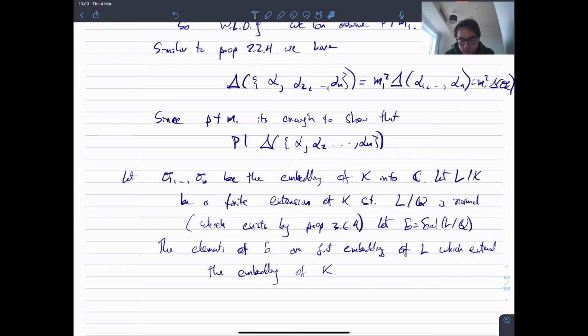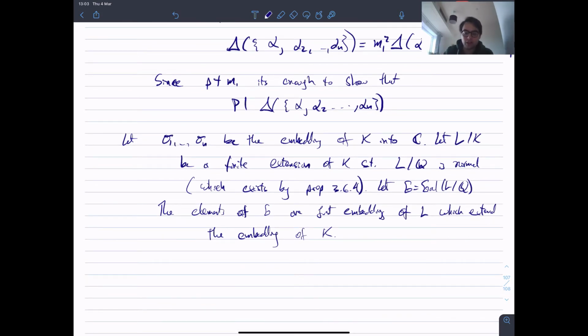They don't fix K, because this is the Galois group of L over Q. So these are just embeddings, but because L lies over K, these are going to be extended. We saw how embeddings can go to an intermediate field, and how many ways there are to extend an embedding from an intermediate field up to the top field. So each of these embeddings will be an extension of an embedding of K. If you don't remember what this means, go back and look at the previous definition, like 1.5.5, which should remind you what embedding extension means.